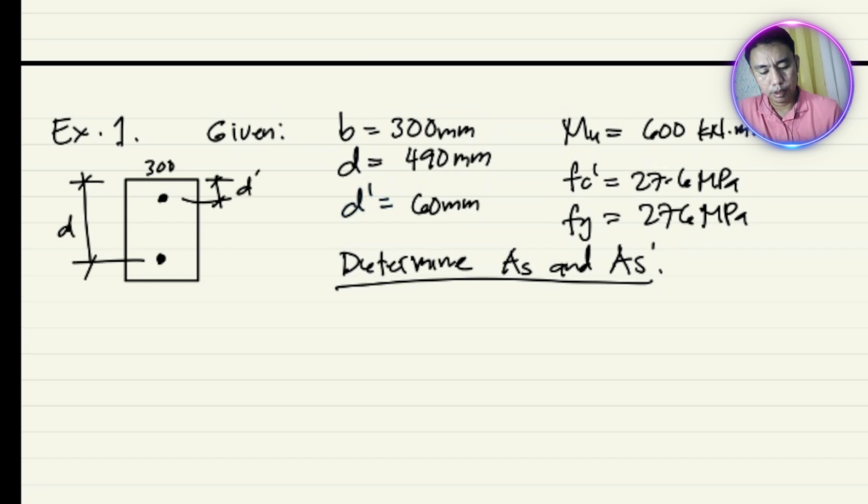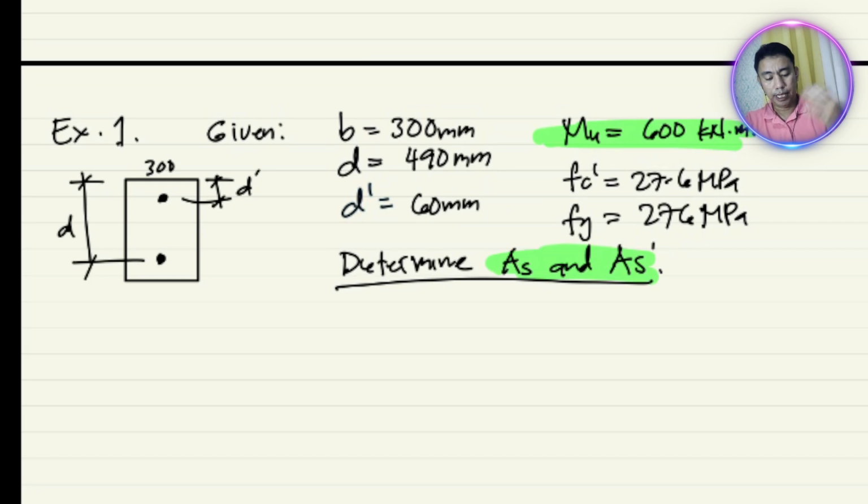And then, given yung MU, 600 kilonewton. And then the properties, FC prime 27.6 megapascal and FY 276. Now, ito na ngayon. Determine the AS and AS prime.